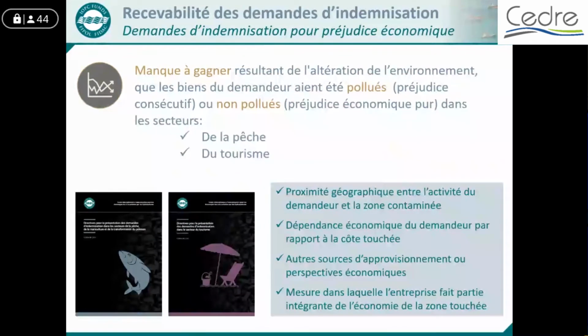He said, in terms again of admissibility for claims, there's for economic losses, lack of earnings or loss of earnings. There are two possibilities here. One is that the claimant has property which has been contaminated.